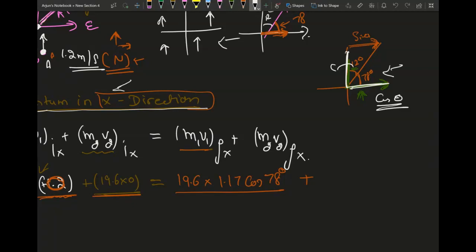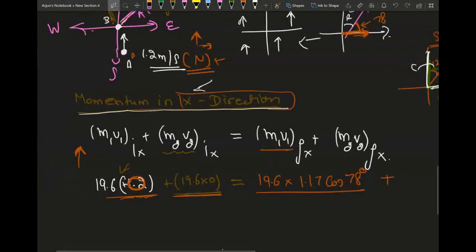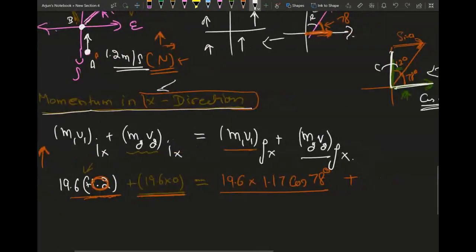Okay, moving back to the question, M2 V2 final. So M2 is again 19.6. Oops, let me erase this and rewrite this. This is 19.6 V2 final X, that's what we wanted to find out. So V2 final X component.